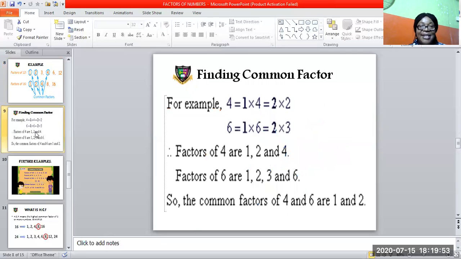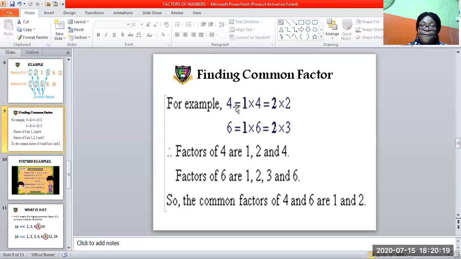Let's look at further examples. Finding common factors: how do we arrive at it? We find the common factors of 4 and 6. Remember, factors are those numbers that multiply a given number without remainder.